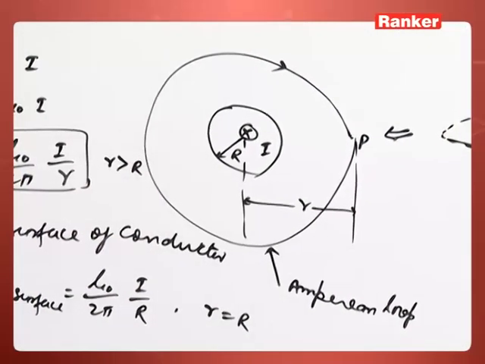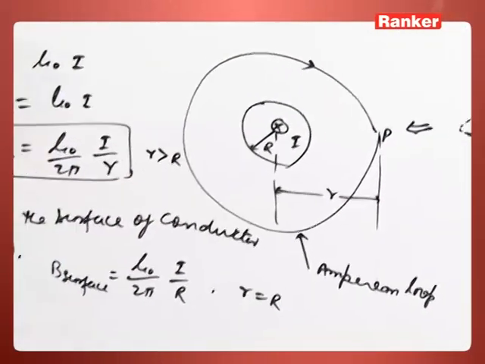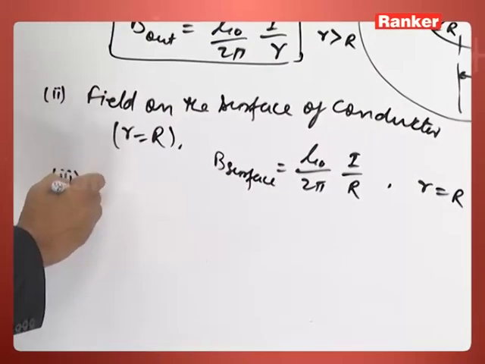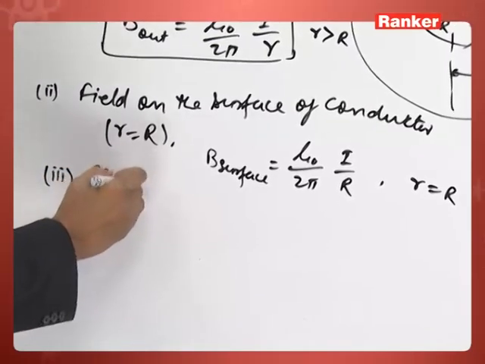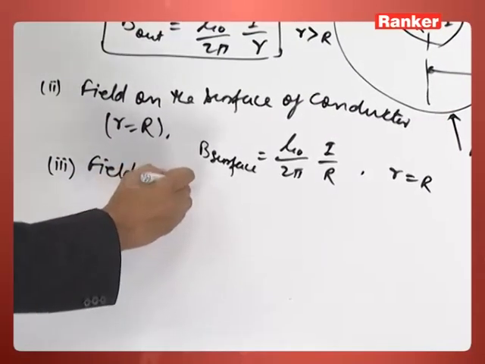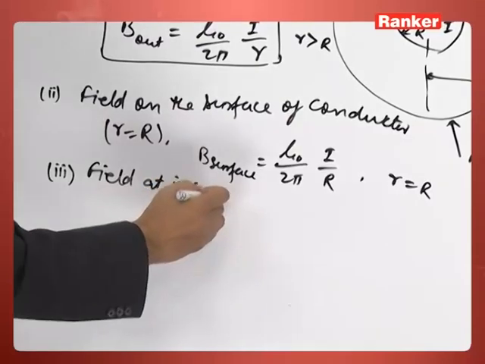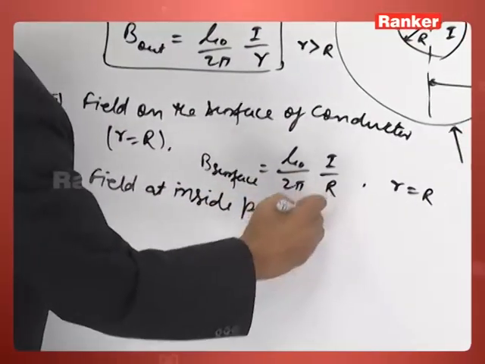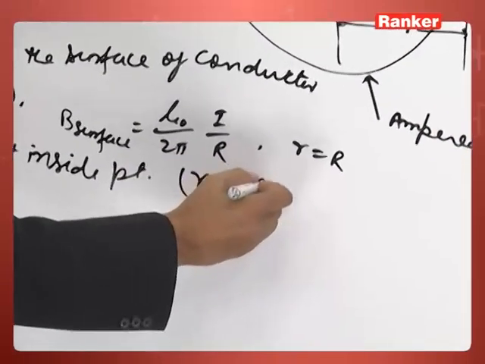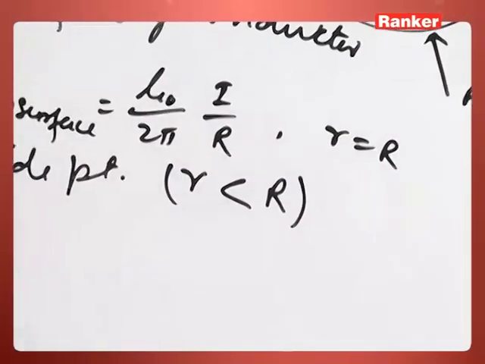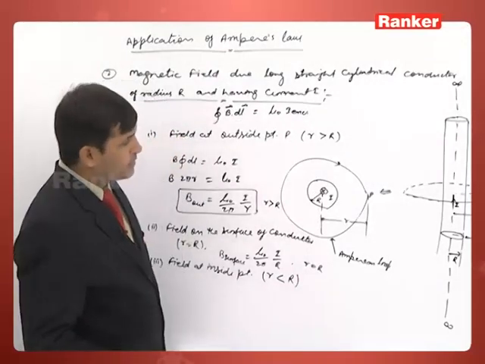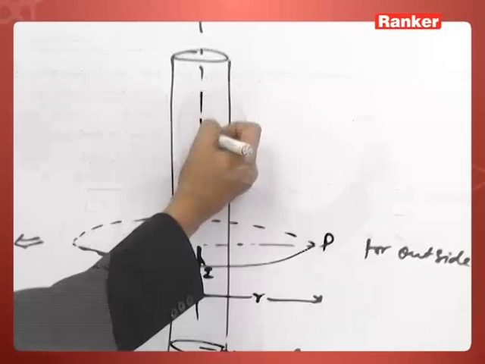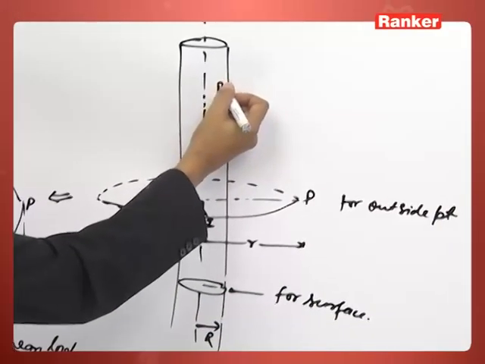And now C, for the inside point. So when we are looking for the field at an inside point, inside point means here small r is less than capital R. So see here, our point P is somewhere here.